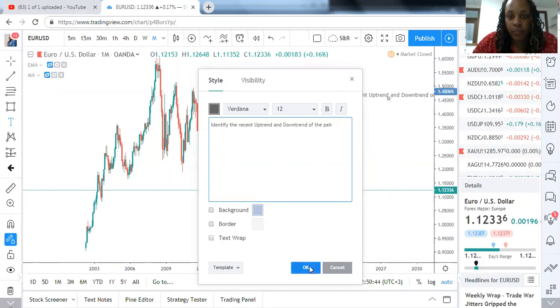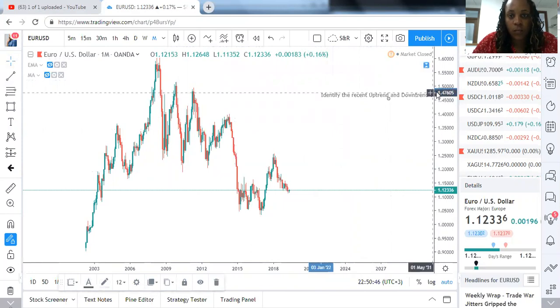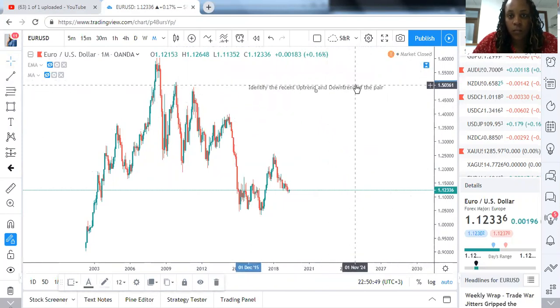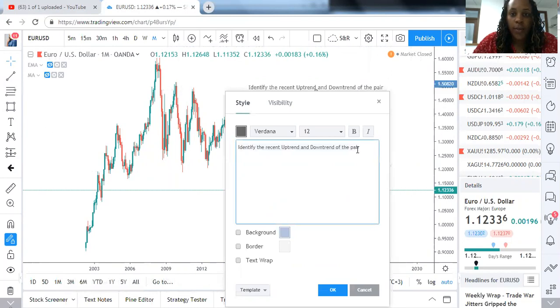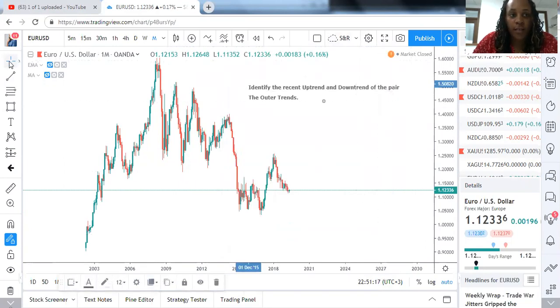Now, along with this, let me just make this bold so you can see what we want to identify from the monthly is that we want to identify the outer trends, right? We want to identify the outer trends.